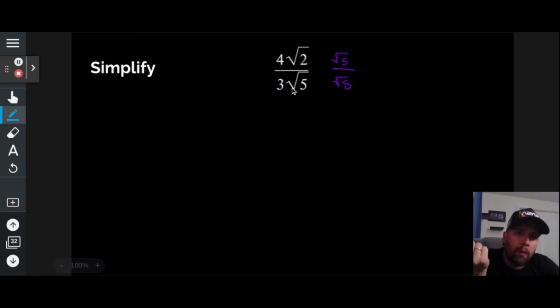So we take whatever square root that is, if it's just one term, no adding, no subtracting, whatever that guy is, you multiply that to the top and the bottom. So we multiplied root 5 to the top and the bottom. When we do that, that gives us 4 times root 2 times root 5, which is root 10.